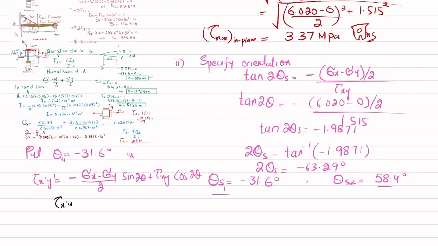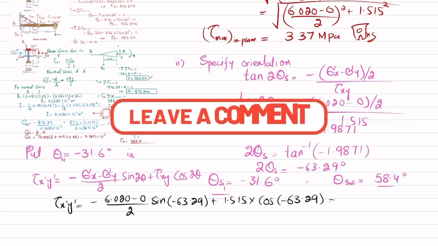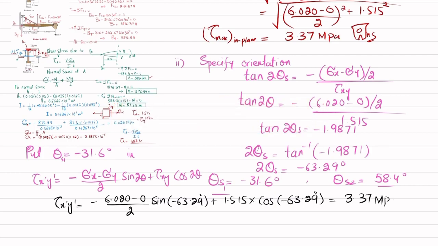Tau of x dash y dash will be equal to minus 6.020 minus 0 divided by 2, into sine of minus 63.29, plus tau of xy, which is 1.15, into cos of minus 63.29 degree. And when you calculate it, you will get tau as 3.37 megapascal, which is the same maximum in-plane shear stress.